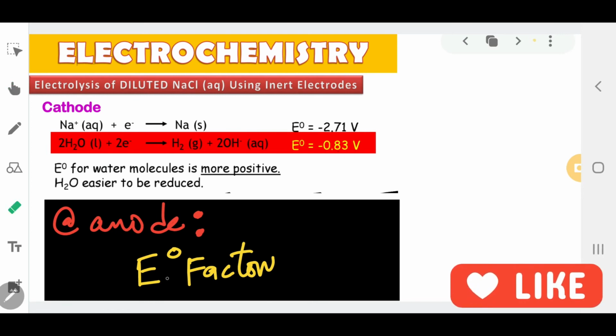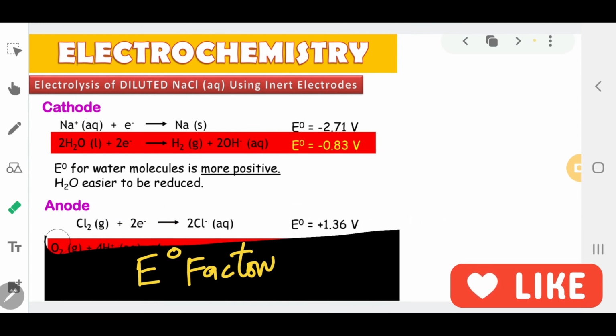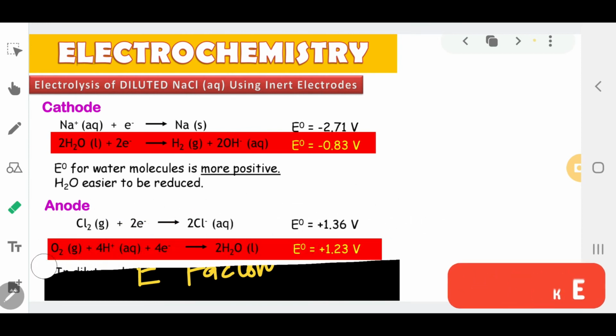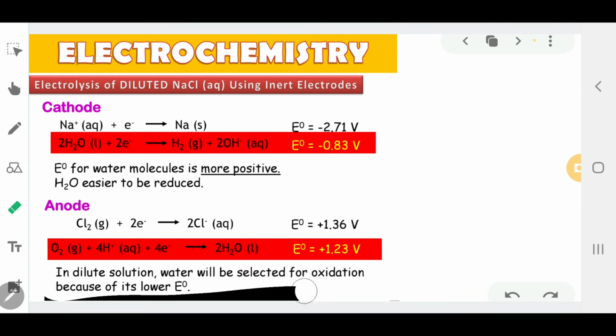For the anode, we're also going to be looking at the standard reduction potential when it comes to dilute sodium chloride solution. Over here, when you look at the SRP value between the chloride and water, you'll realize that the water value is less positive compared with that value.